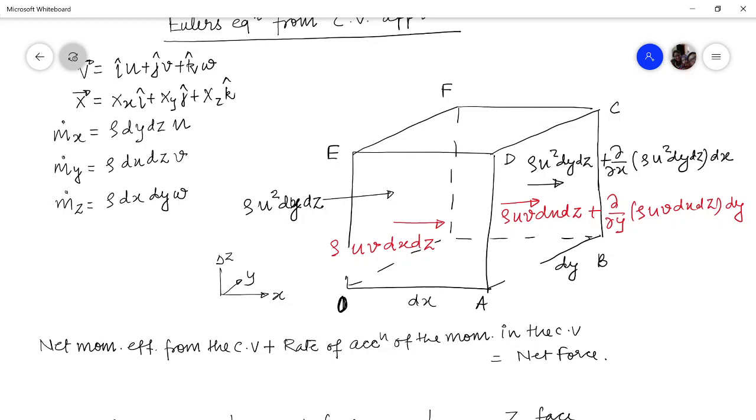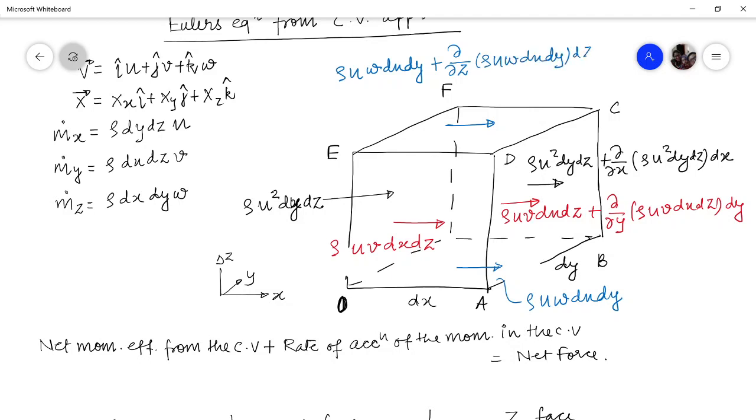And in the x direction from the z face, it is entering with rho uw dx dy, and exiting with rho uw dx dy plus del by del z of rho uw dx dy times dz. Okay, so the question is, what is the net momentum flux, efflux basically? What is the net momentum efflux which is leaving the control volume?